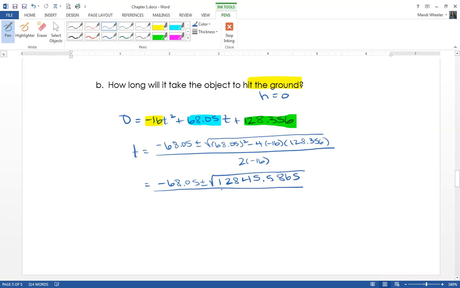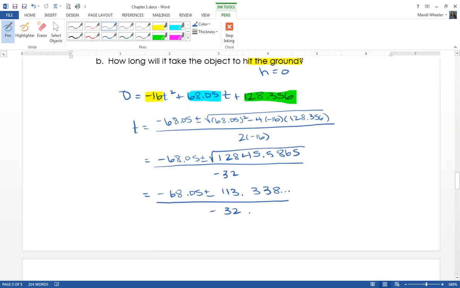In the denominator, 2 times negative 16 is negative 32. Then we can take the square root of that answer, and when we do that, we get 113.338, and it keeps going on.